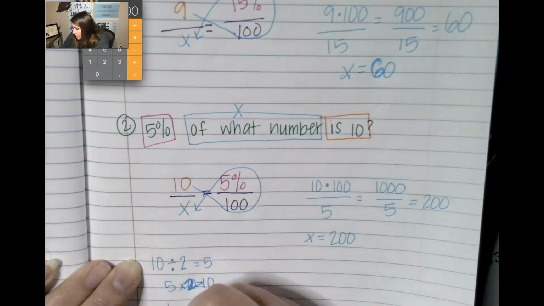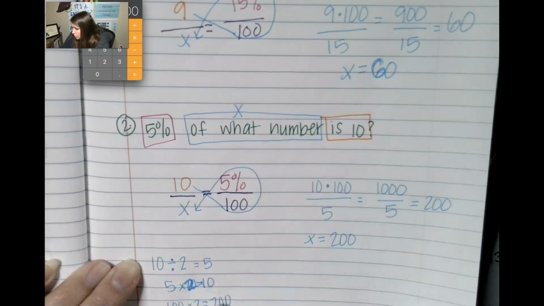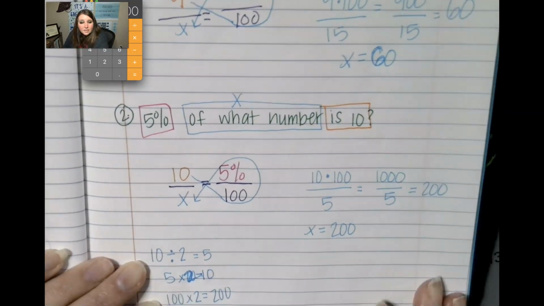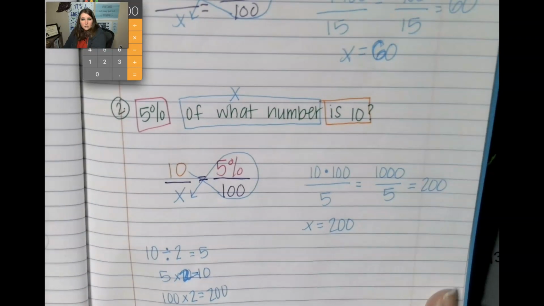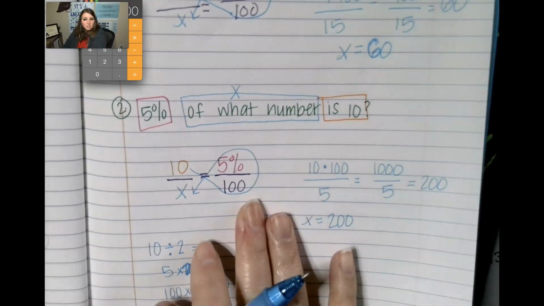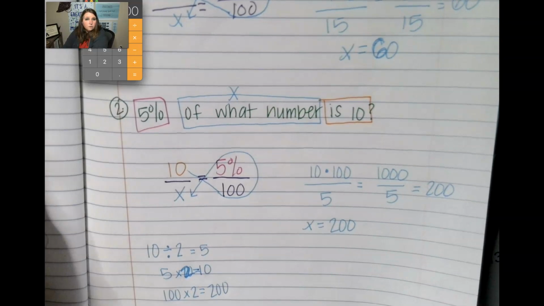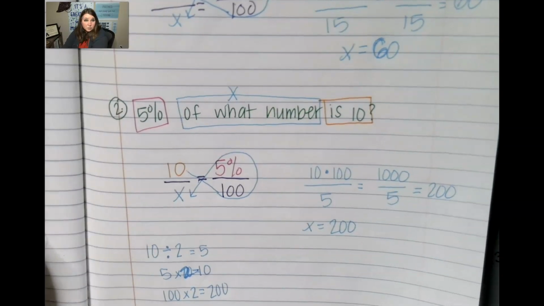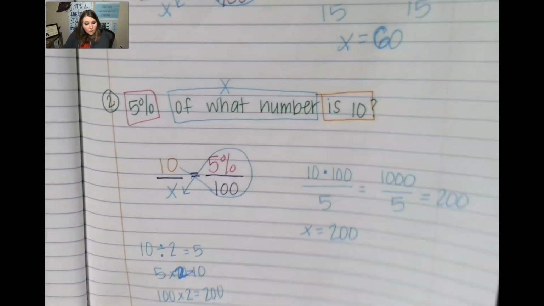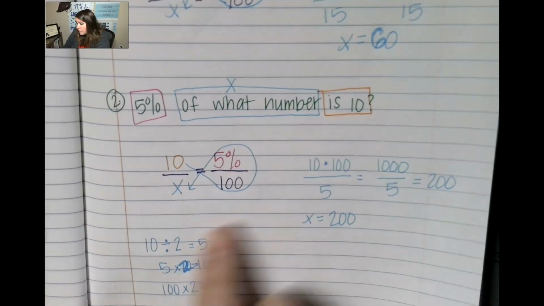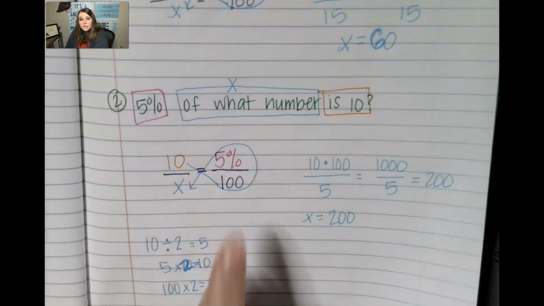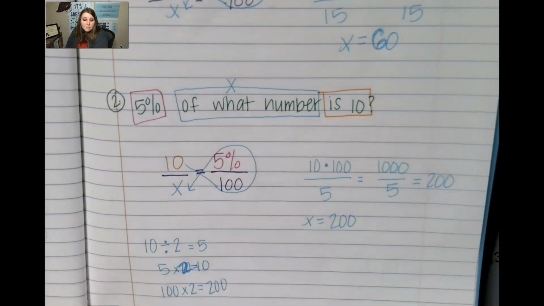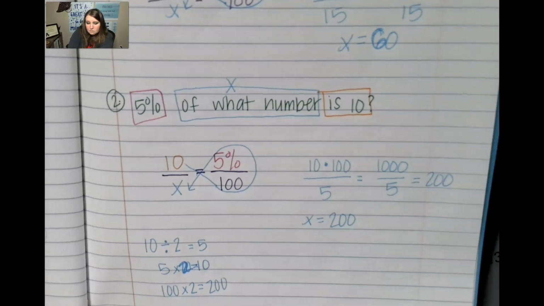So if I do 100 times 2, that gives me 200. 200, 200. This is the same thing that you've been doing. It's not any different. So if you don't like going fishing because you're not much of a seafood kind of person, then you are welcome to use this method of figuring out how do I get from here to here and then working backwards. It is the same thing.